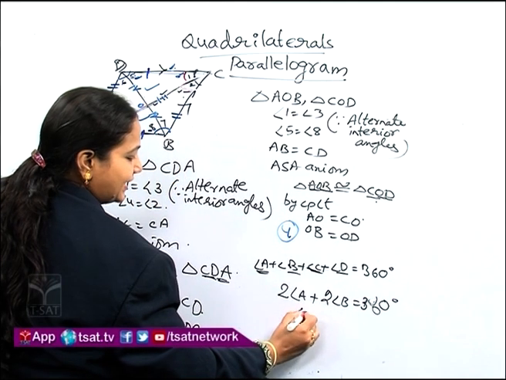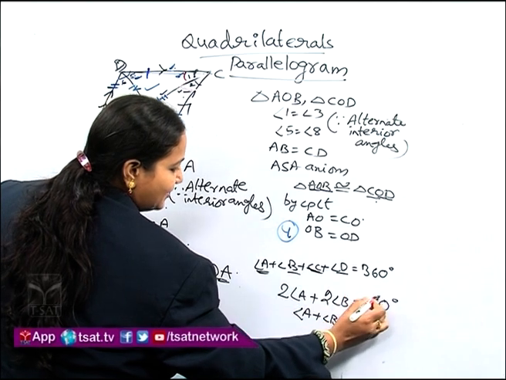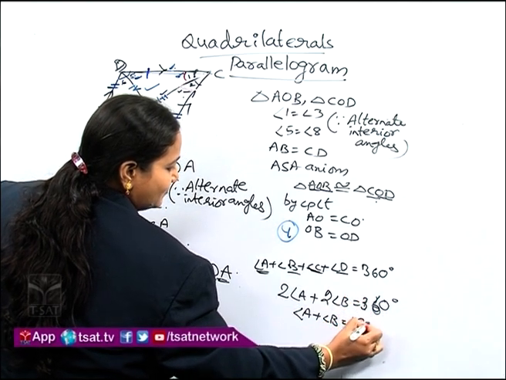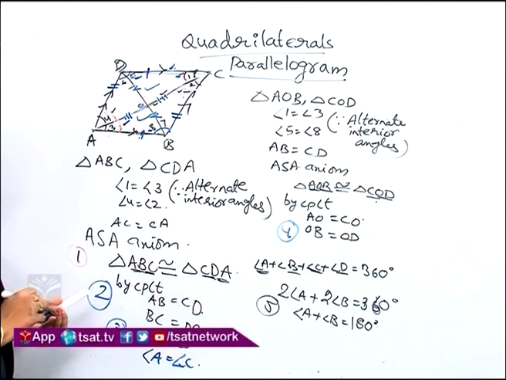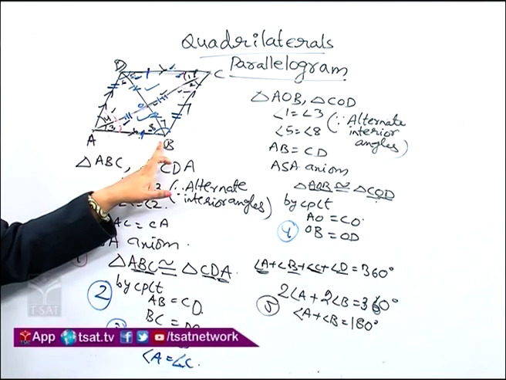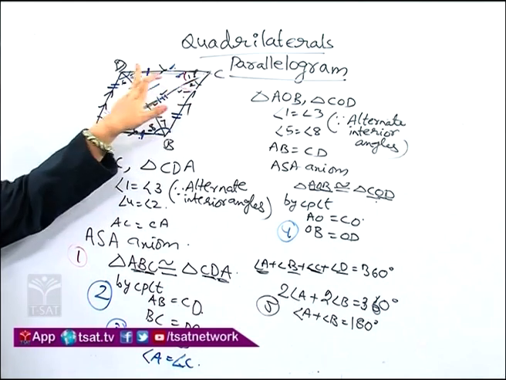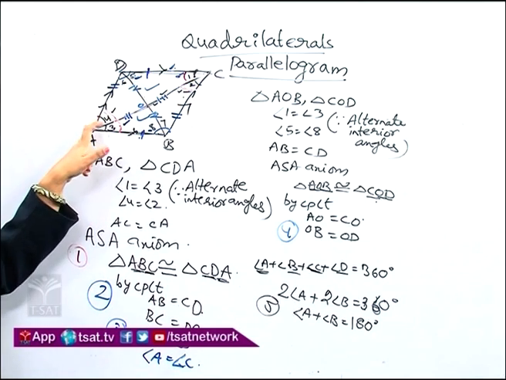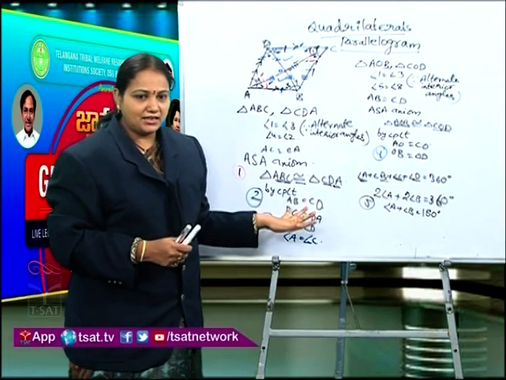That is, angle A plus angle B is 360 by 2. What is half of 360, children? That is 180 degrees. This is the fifth property of a parallelogram. Adjacent angles are supplementary. A and B add up to 180 degrees. B and C also 180, C plus D also 180, D plus A also 180. These are the 5 properties of a parallelogram.